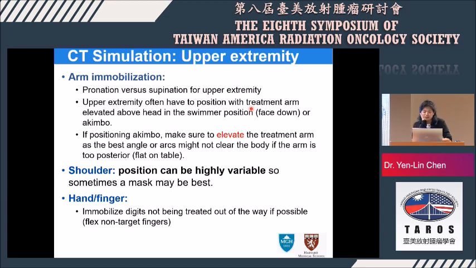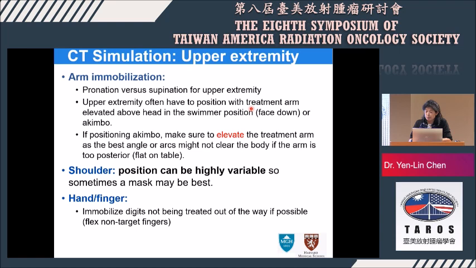And if you decide to keep it akimbo, just be sure to bias the patient to the contralateral side so you have plenty of room for the treatment arm. And sometimes you may need to elevate the treatment arm so that the best angle or arcs might not clear the body if the arm is down too posteriorly. So you want to elevate it to make sure you have the best angle possible.